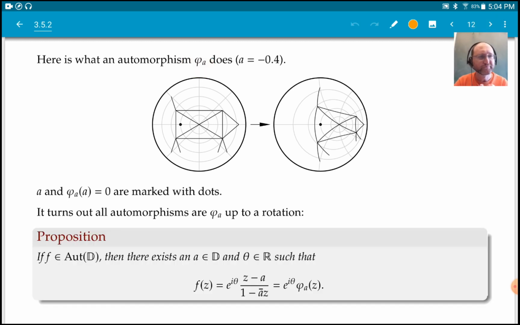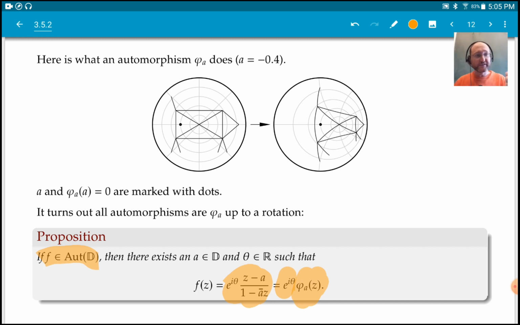More explicitly, if we have a function which is an automorphism, it's of this form: e to the i theta multiplication is a rotation, so there can be a rotation and then one of these automorphisms, and that's the set of all automorphisms.